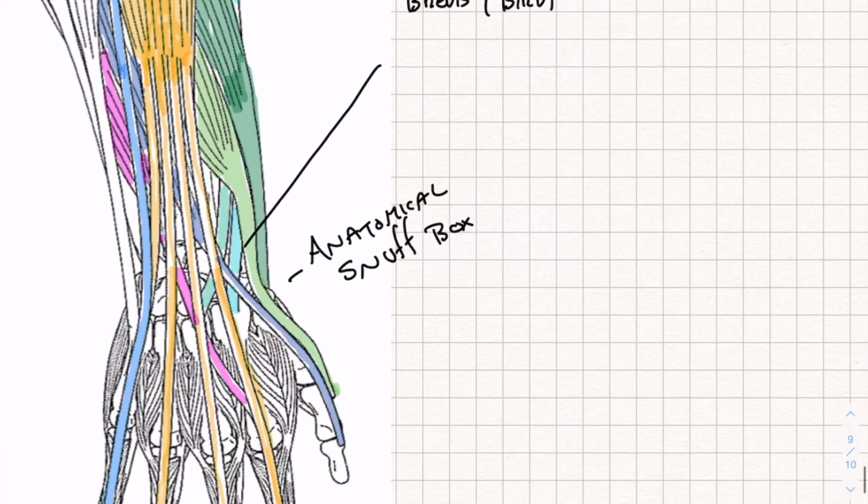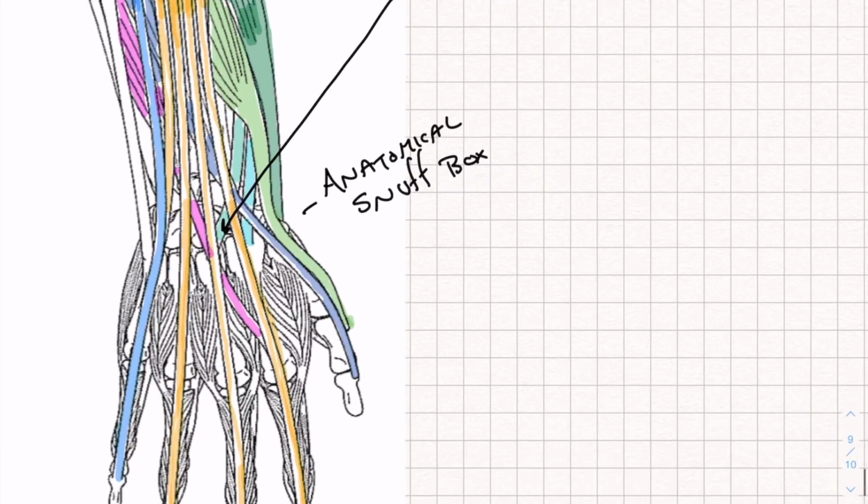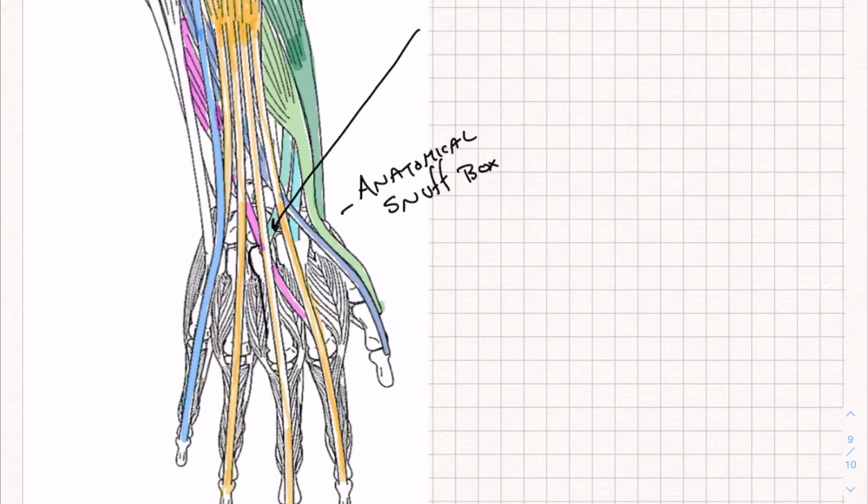So if Mark was to probe this tendon, you would know that's the brevis because it's going to this metacarpal of that middle finger. Whereas the longus goes to the one where, if you do an L, longus goes to that index finger, so longus goes to the finger that makes the L.